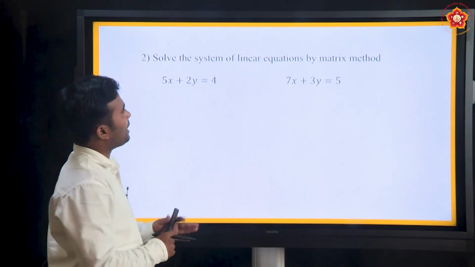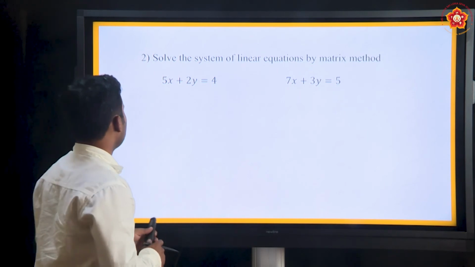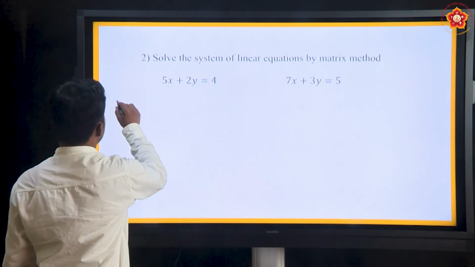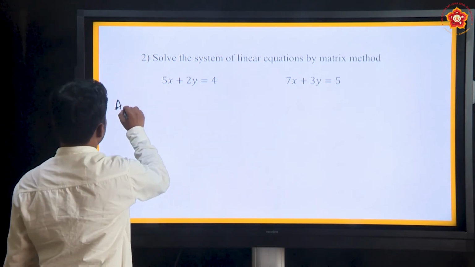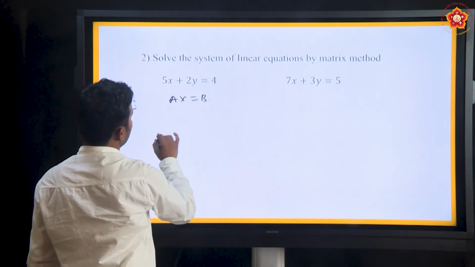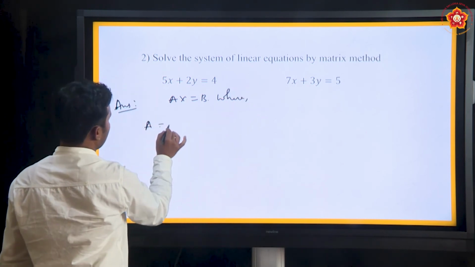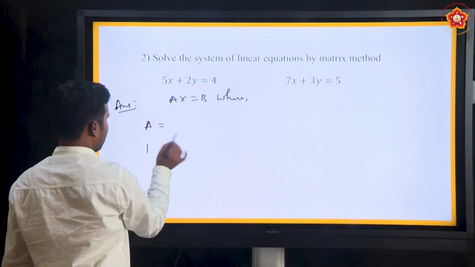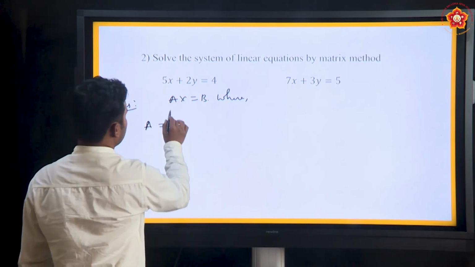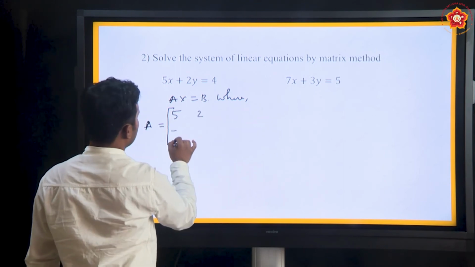By using matrix method, we have to find the values for x and y, and here we can write the given system of equations in the form Ax is equal to B, understand, where you write what is A, what is B and what is X and all. What is A? 5, 2, from that 7, 3, okay.